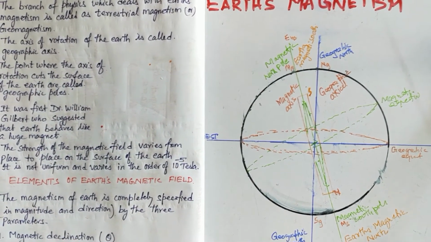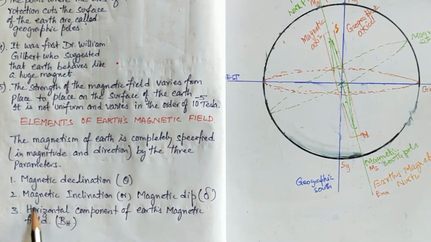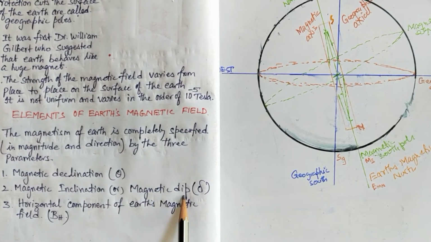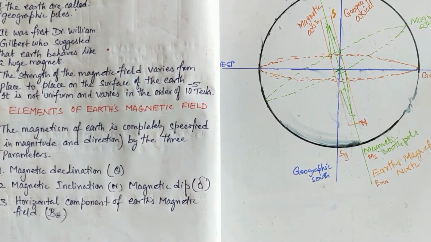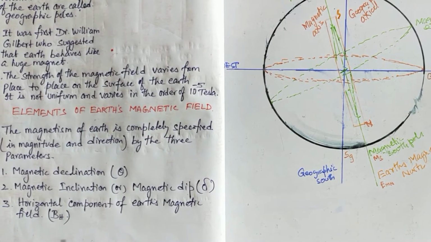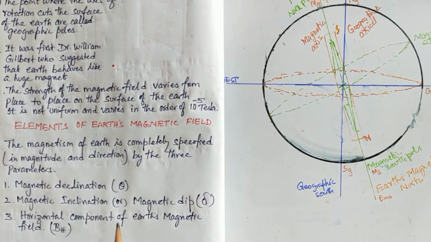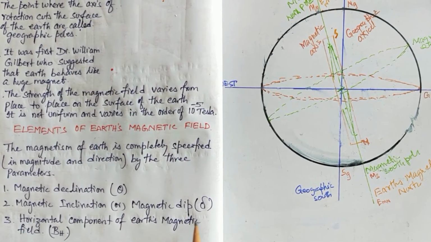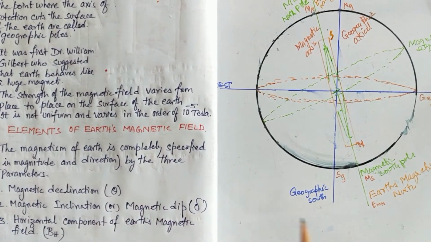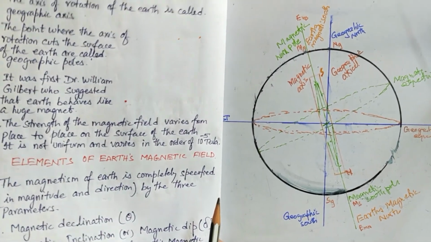We have to learn about magnetic declination, magnetic inclination, or magnetic dip, which is denoted by the letter small delta, and the horizontal component of Earth's magnetic field. If we can understand these 3 parameters in detail, based on magnitude and direction, then we can understand Earth's magnetic field in detail.